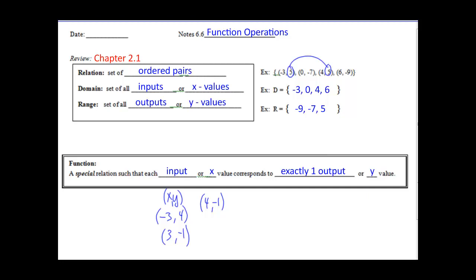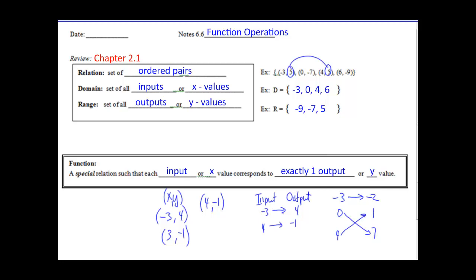Another way of looking at it: here's input, here's output. We input -3 and the output becomes 4. We input 4 and the output becomes -1. Another way of looking at it is in terms of mapping: here's -3, here's -2, here's 0, and 4 maps to 1.